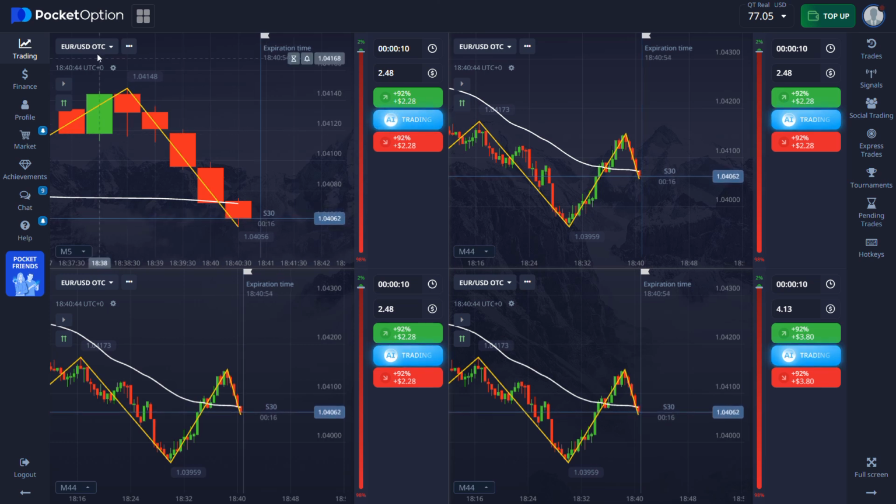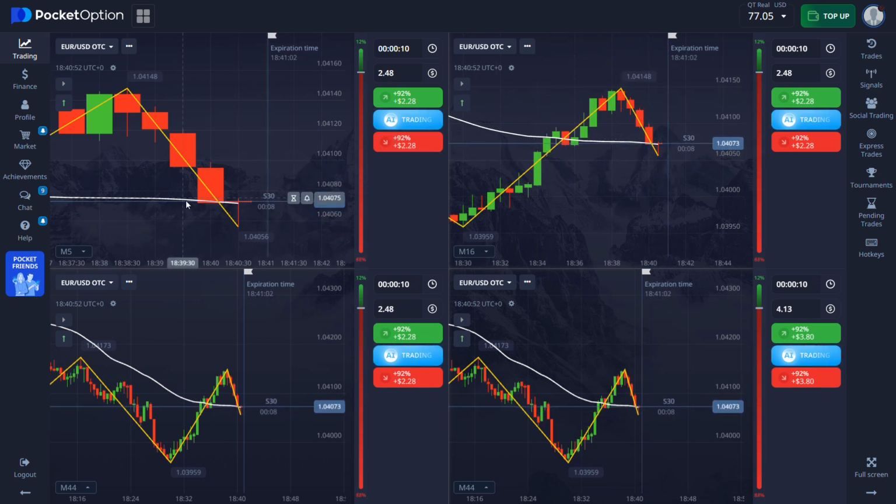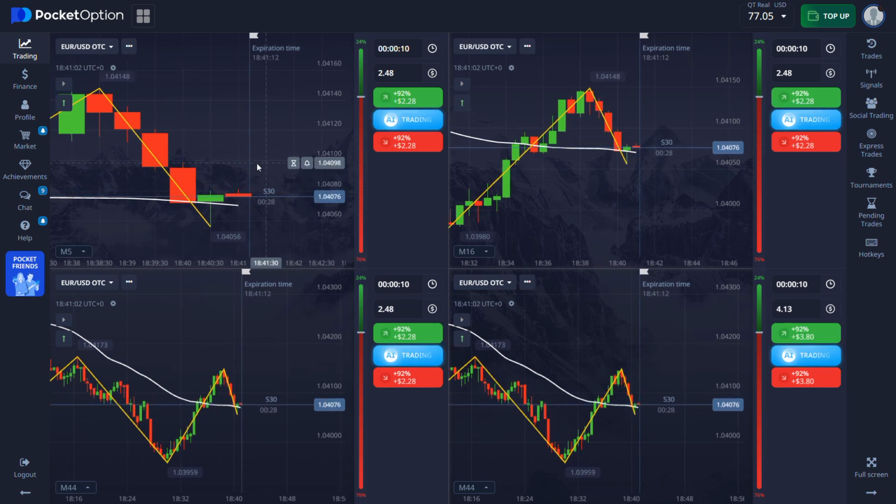Okay, going back to Euro USD, it seems like it's finally cranking down. It pumped, and now we can see that it's going down. It's coming to the 50 SMA again, so let's see what's going to happen. Seems like momentum is shifting. Seems like it's going to stop going down.